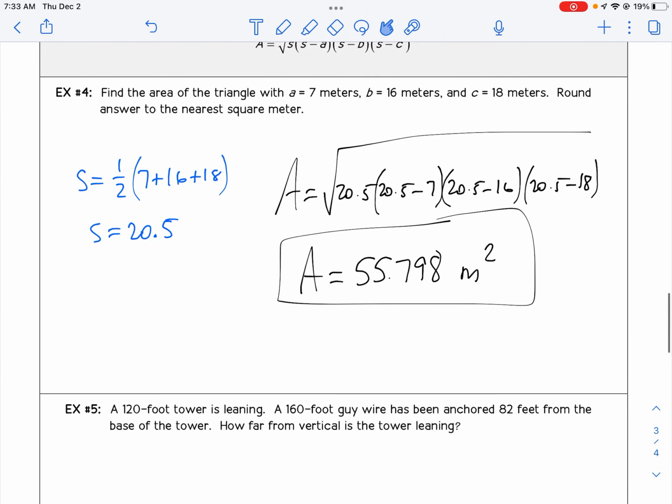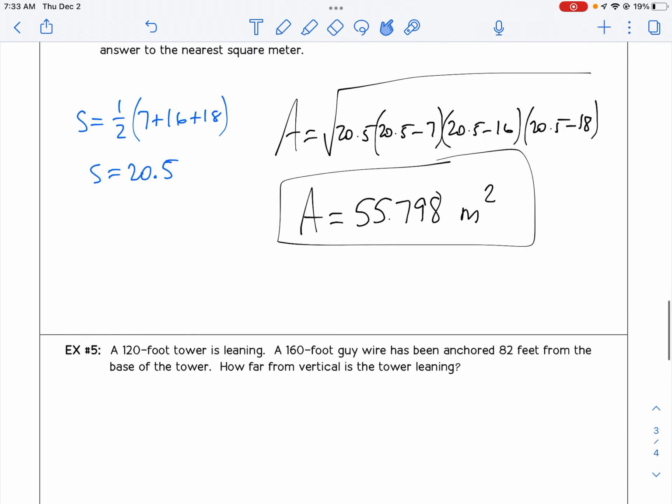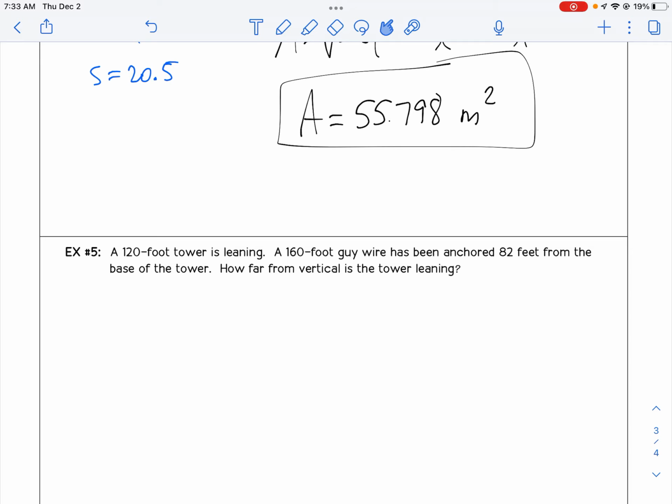And then there's one more application down here. A 120-foot tower is leaning. A 160-foot guy wire has been anchored 82 feet from the base of the tower. How far from the vertical is the tower leaning? Let's see here, try to get this picture correct.